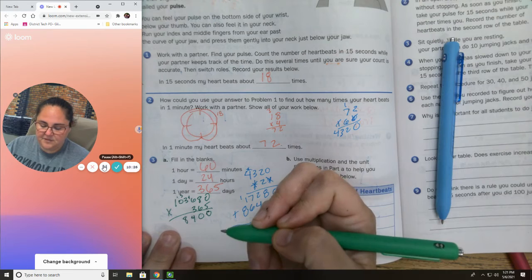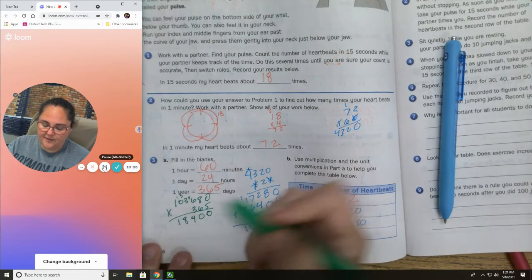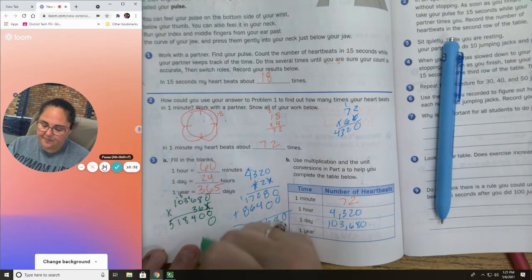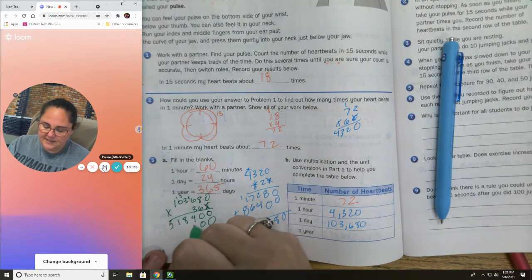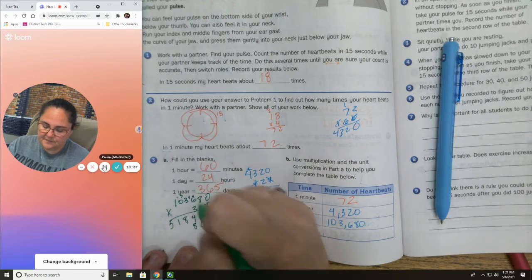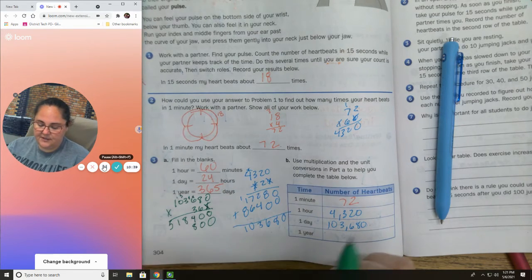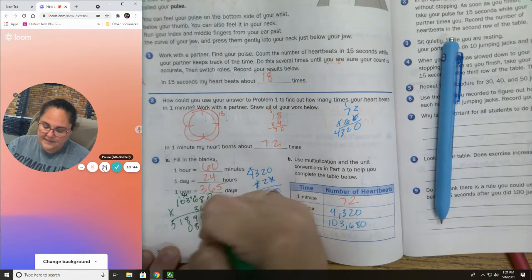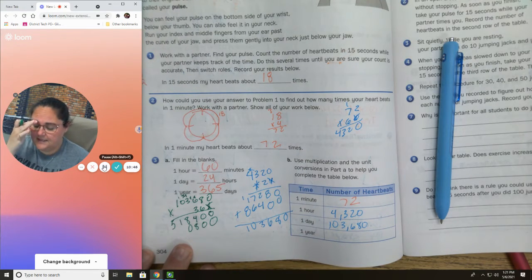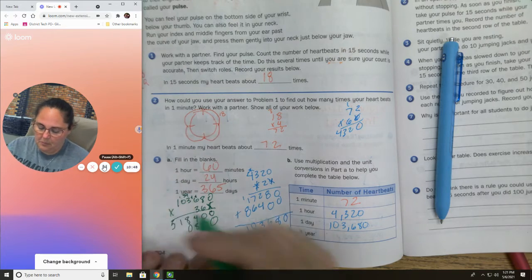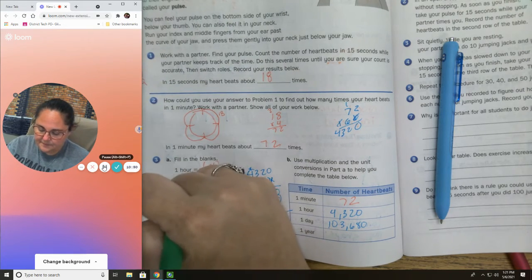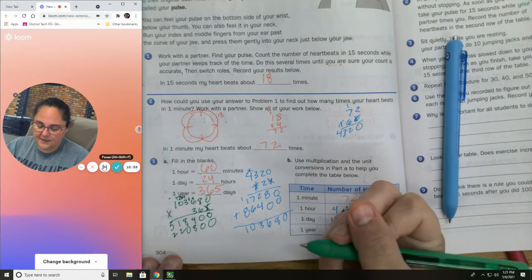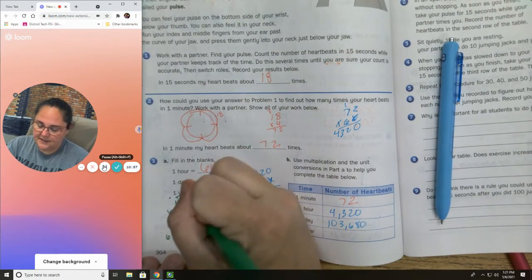Carry my 1. 5 times 0 is 0, plus 1 is 1, and 5 times 1 is 5. X's and O's. 6 times 0. 6 times 8 is 48. 6 times 6 is 36, 37, 38, 39, 40. 6 times 3 is 18, 19, 20, 21, 22. 6 times 0 is 0, plus 2 is 2. And 6 times 1 is 6.